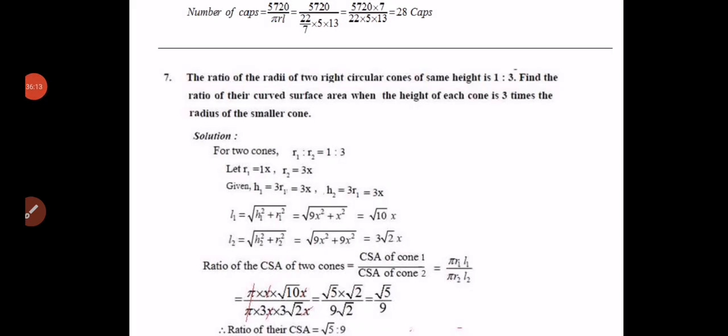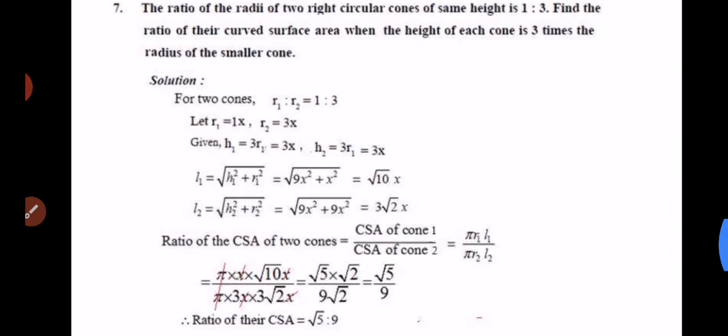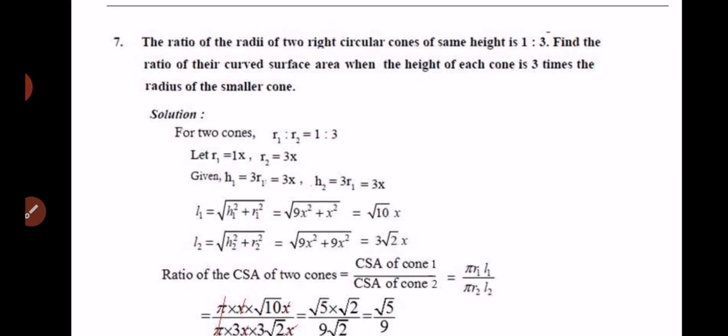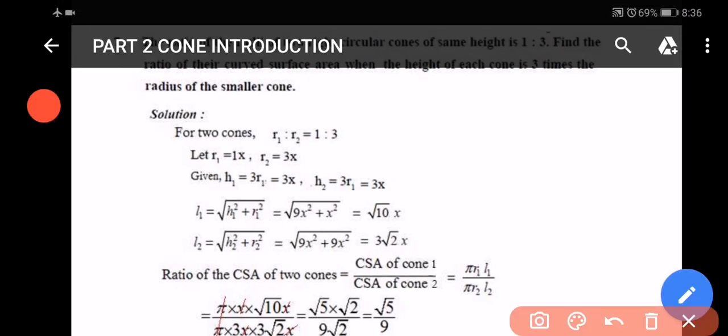So next sum, the 7th sum: the ratio of the radii of two right circular cones of same height is 1:3. Find the ratio of their curved surface area when the height of each cone is 3 times the radius of the smaller cone.